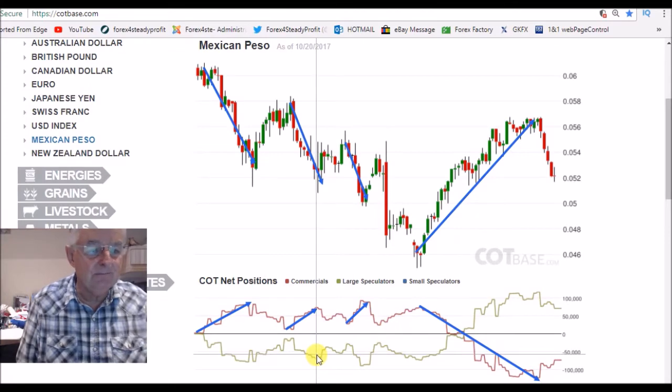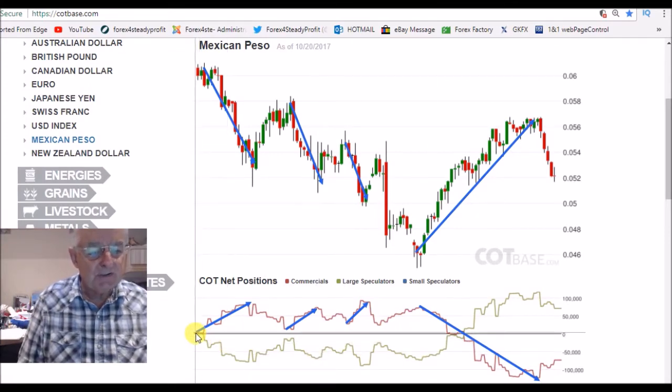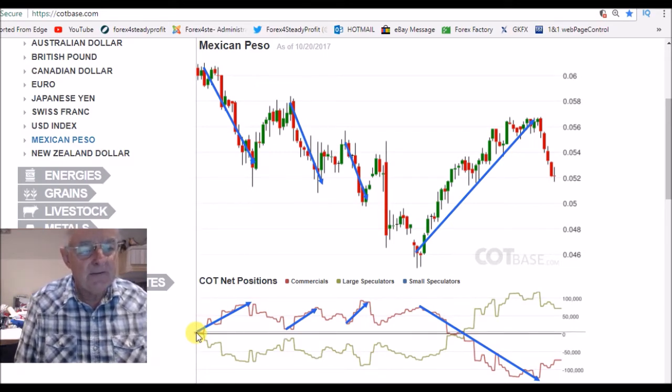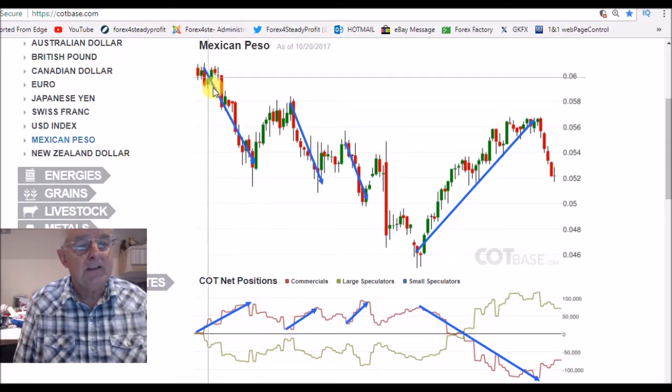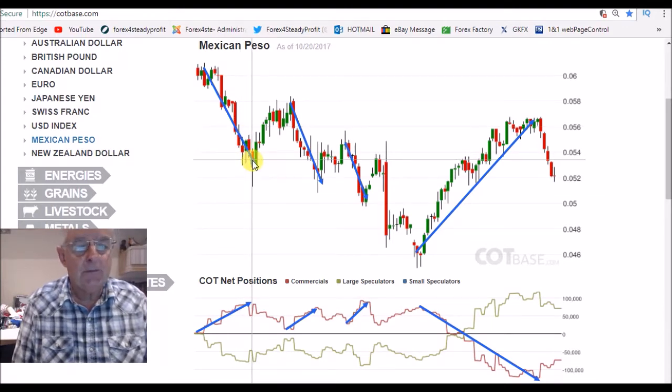Mexican peso. As you can see from the chart, we have extreme positions like this extreme bearish position here for the commercials down on the 0 line. As the commercials have added to their long position, so the candles have come down and the price of the peso has fallen.